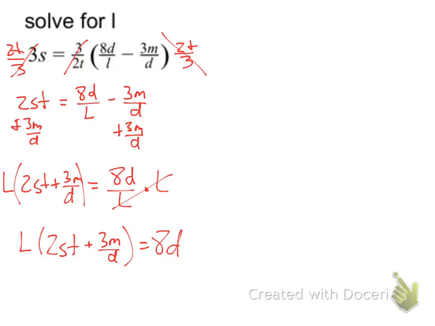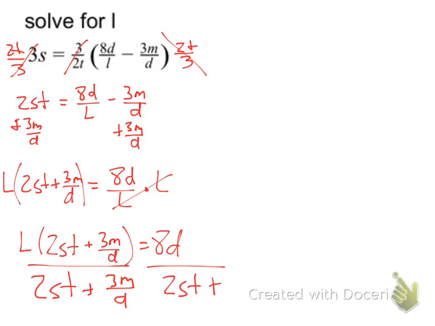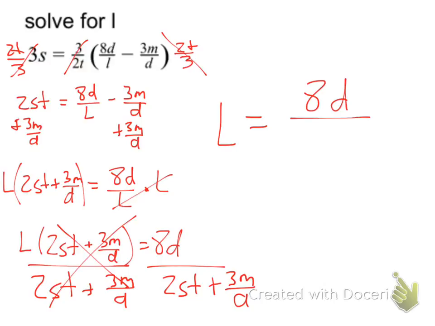And so, last step. Divide by the stuff we don't want. The left side will cancel out, so L is equal to 8d over 2st plus 3m over d.